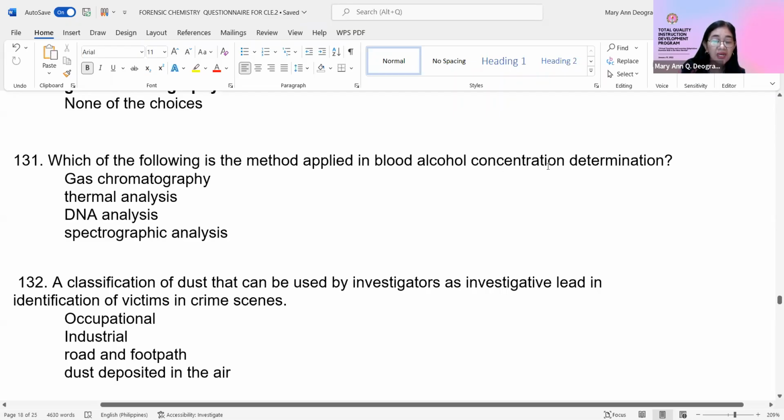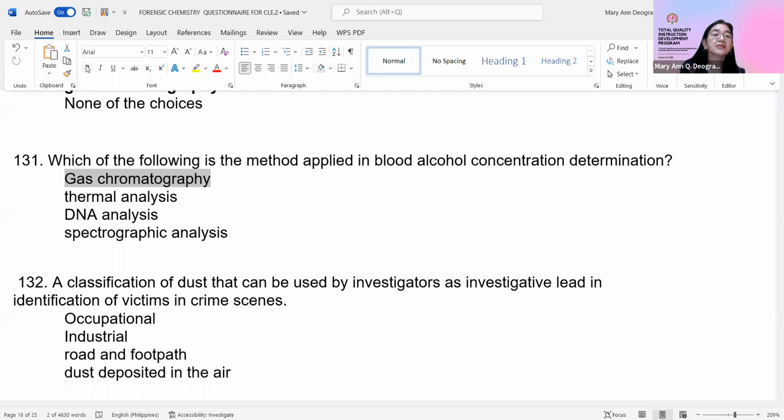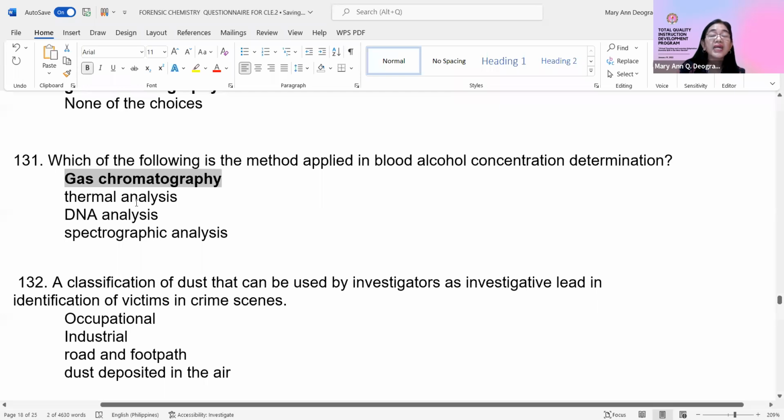Pero kung alcohol concentration determination, we can use the gas chromatography. Okay. Thermal analysis is for soil. DNA analysis is for the component or whose blood is that. Eh, ang tinatanong dito, blood alcohol concentration determination. Spectrographic, this is an instrumental method used usually in soil and glass.